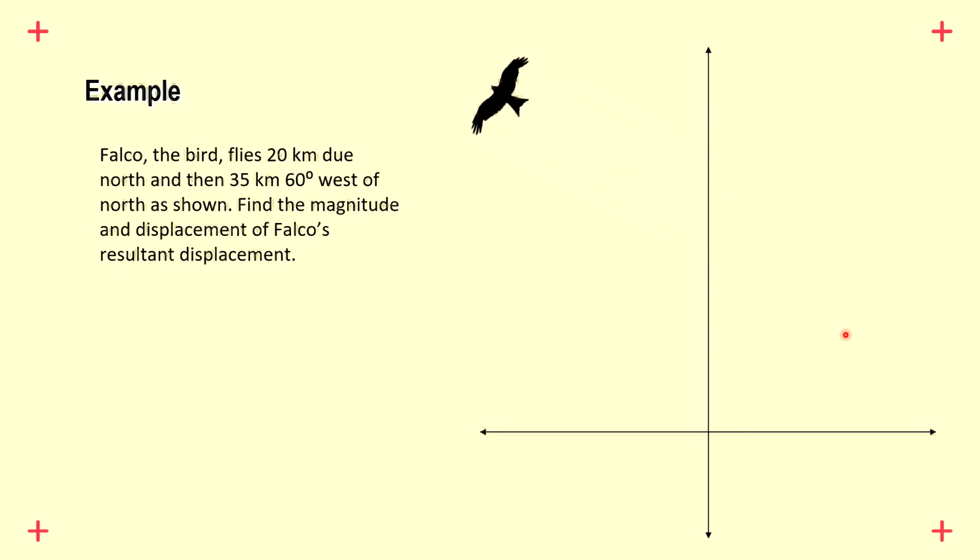Find the magnitude and direction of Falco's resultant displacement. So you have to know the magnitude and the angle.